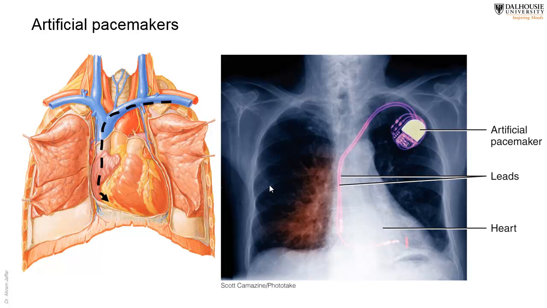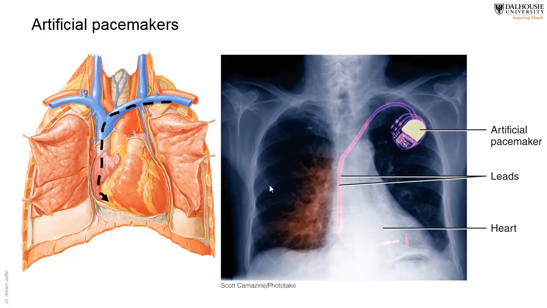This artificial pacemaker is installed under the skin of the thorax, and electrical leads are passed through the veins. It's battery operated. You can see here, this is the subclavian vein. You don't need to go into details, but just to show you this as an example.